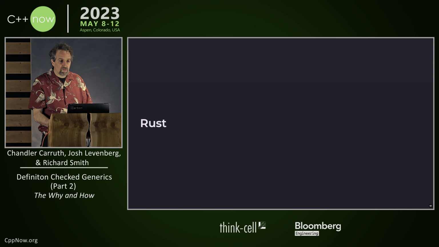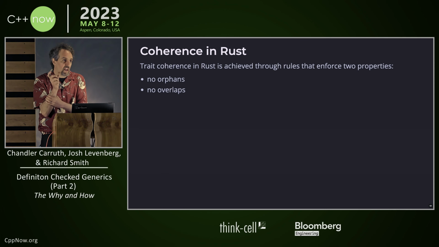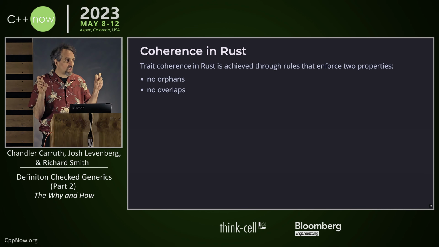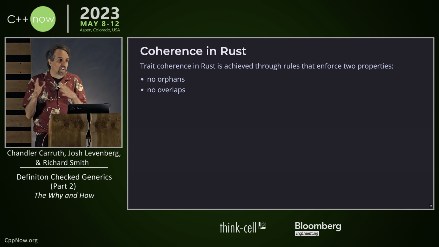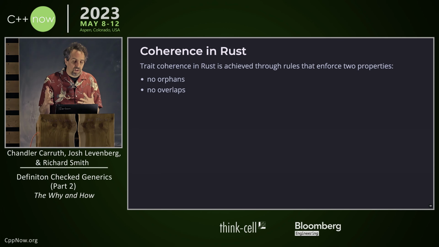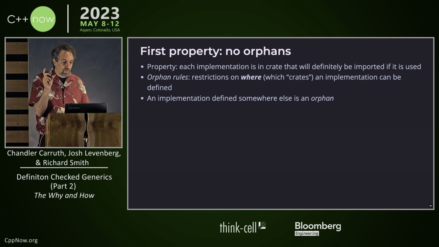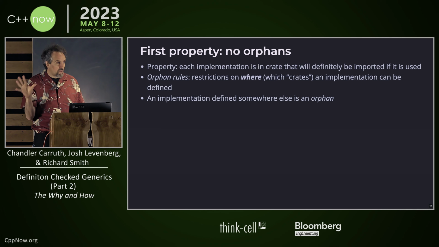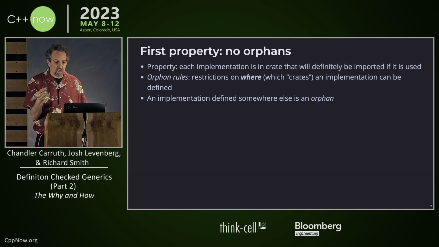So now Rust. In Rust, we do have trait coherence, and it uses a combination of orphan rules and overlap rules to achieve coherence. Now, the terms orphan rules and overlap rules are not necessarily specific to Rust. Other languages do have orphan and overlap rules, but the rules themselves are different in different languages. Let me talk first about the orphan rules. Orphan rules restrict where an implementation may be defined.